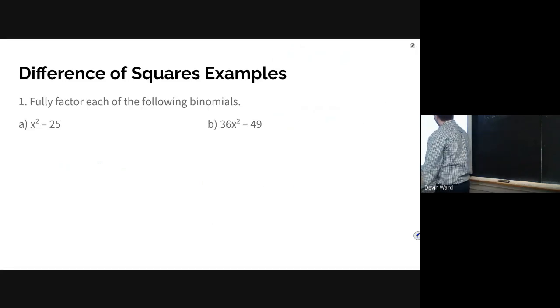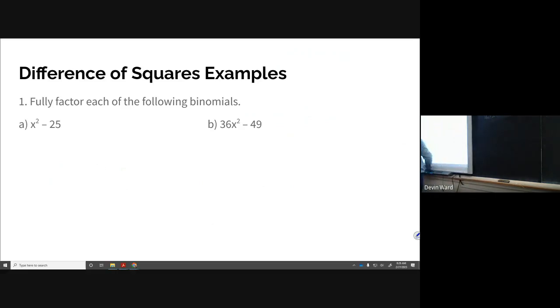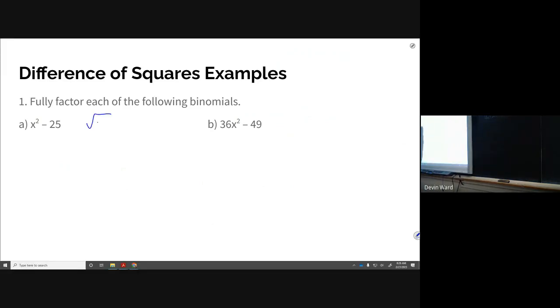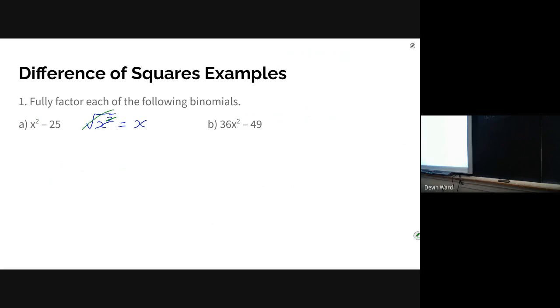So we want to fully factor each of the following binomials. The first one is x squared minus 25. Check and see what the square root of each of these is. The square root of x squared is just x by itself, because the squared and the square root cancel each other out.